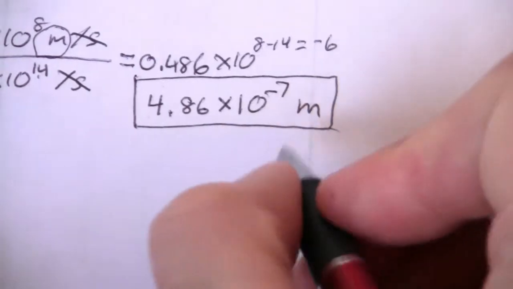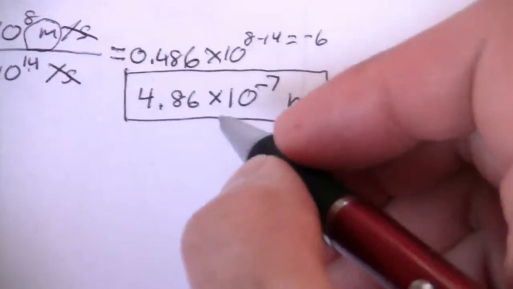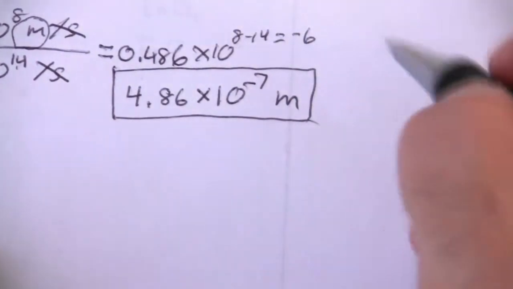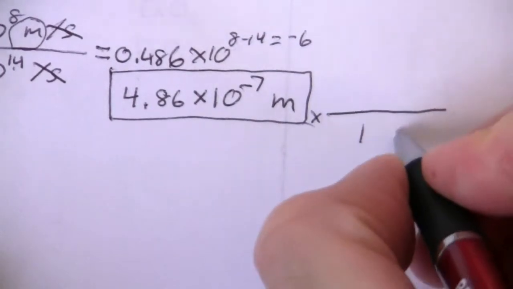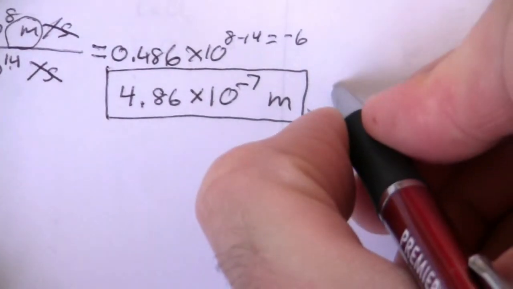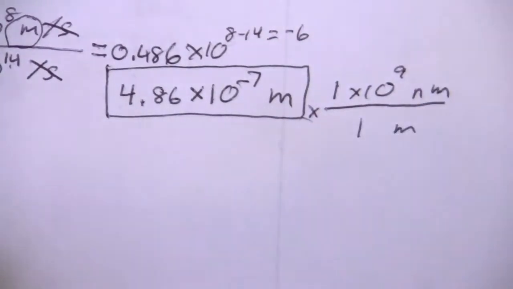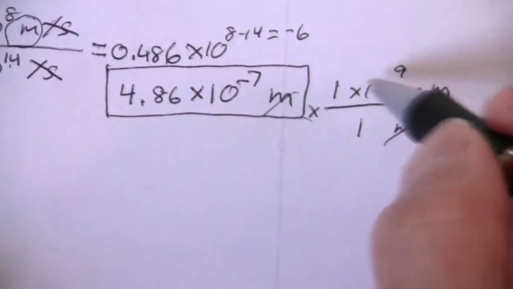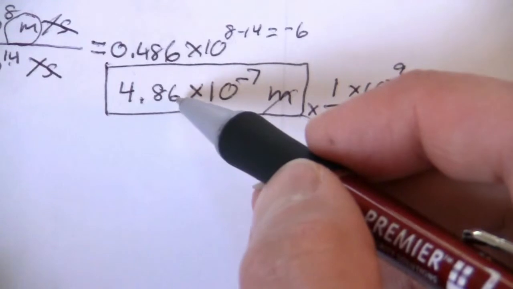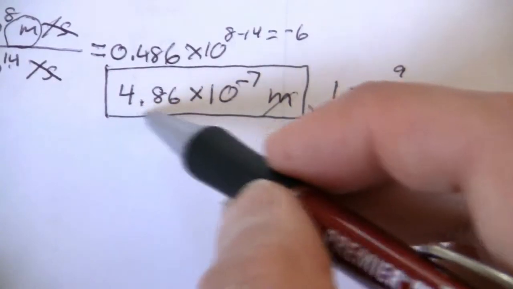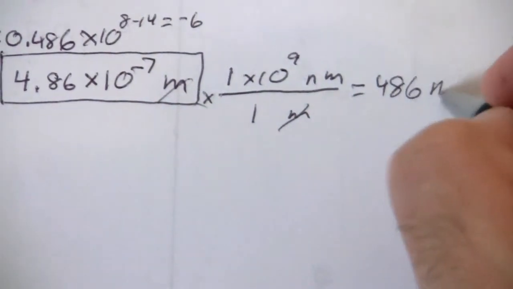and that is, we would put them in nanometers. Okay, for visible light, nanometers is quite typical, and what we would do is just, in 1 meter, there are 1 times 10 to the 9th nanometers. Okay, so I'm just moving the decimal place from 7 places forward 9 places, so I'm going to end up with 486 nanometers.